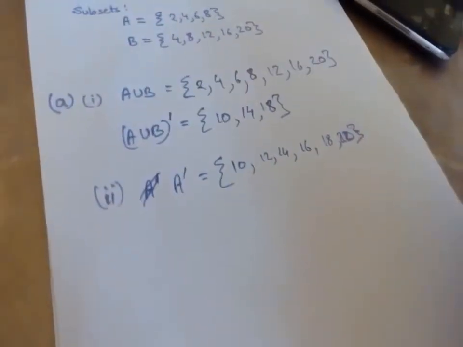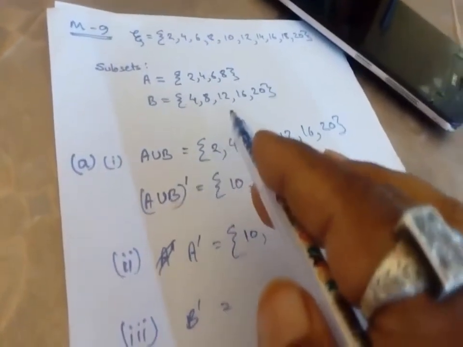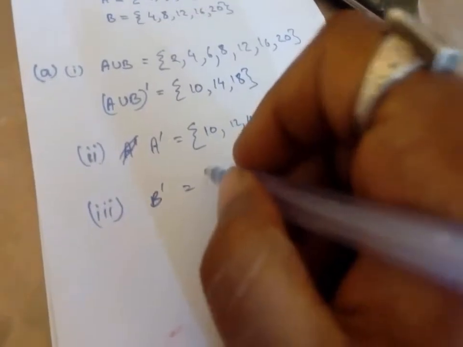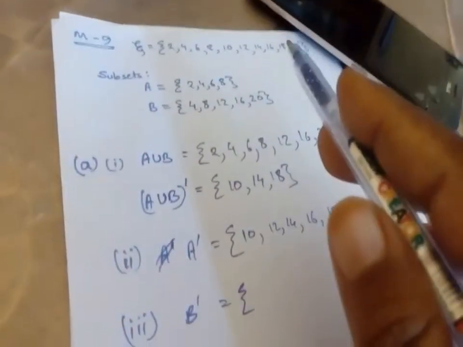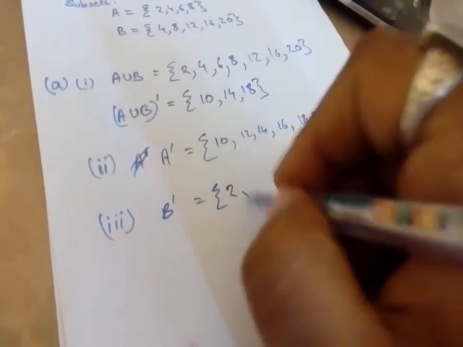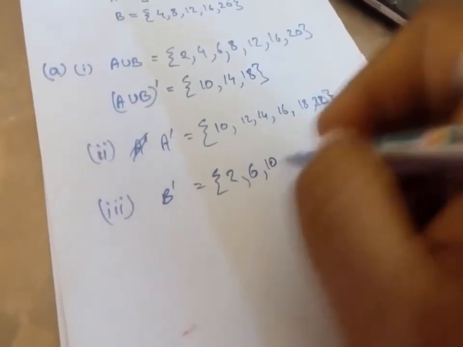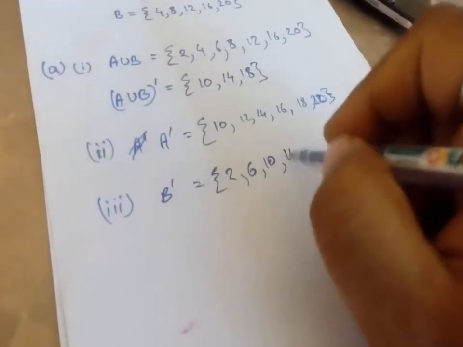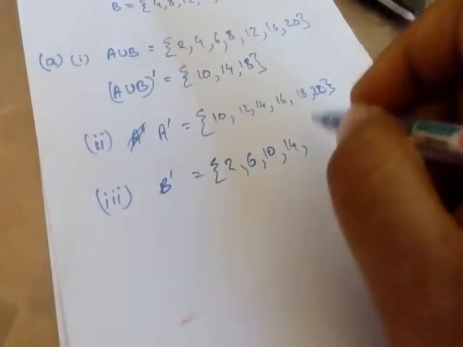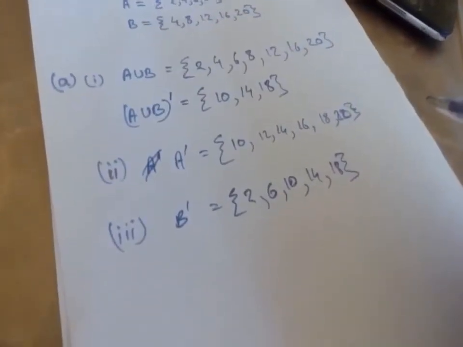Okay. Then we have to find B complement. B is already given here, 4, 8, 12, 16 and 20. So all the elements that are in the universal set but not in set B will be 2, 4 is there, 6, 8 is there, 10, then 12 is there, 14, 16 is there, 18. So this is B complement.